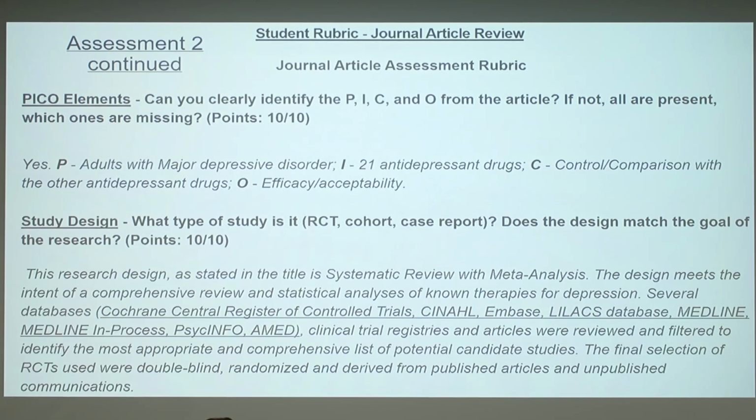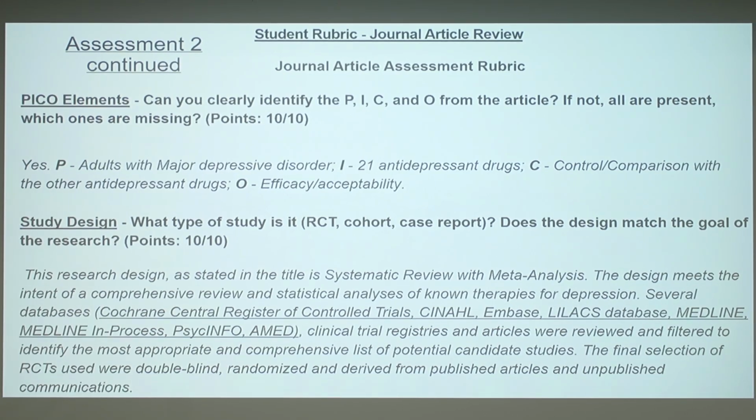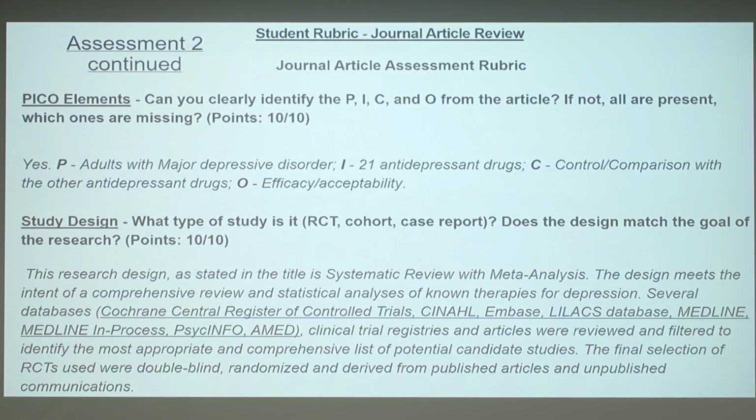Now, typically, unpublished data is not always used, but the fact that they used it adds validity to the study, because sometimes when data is not published, it's viewed as not as good or effective. But they included everything they could find in terms of population.